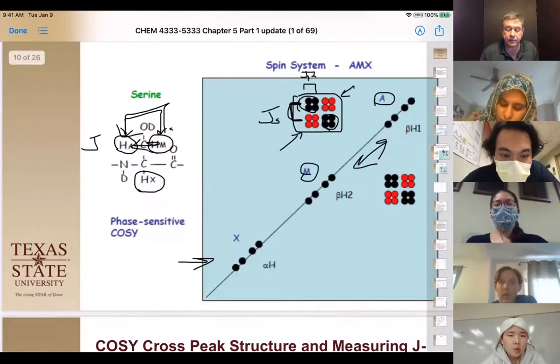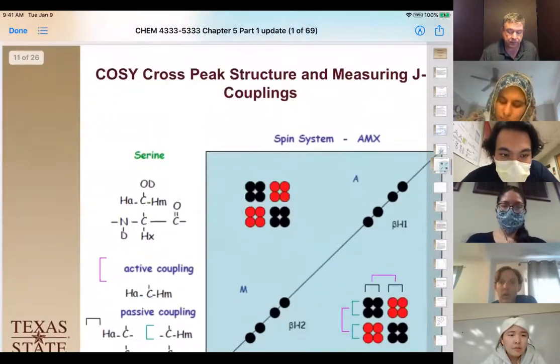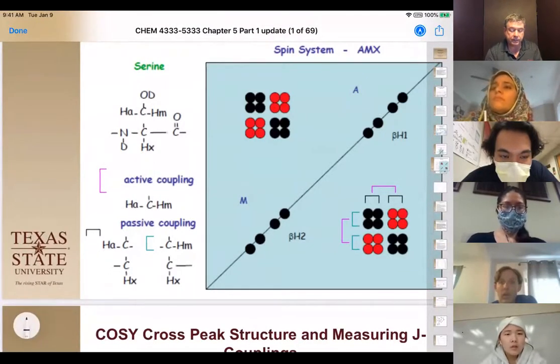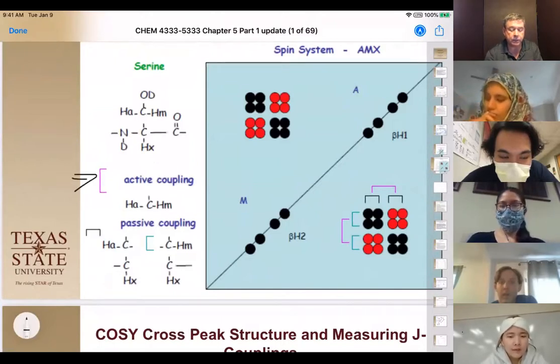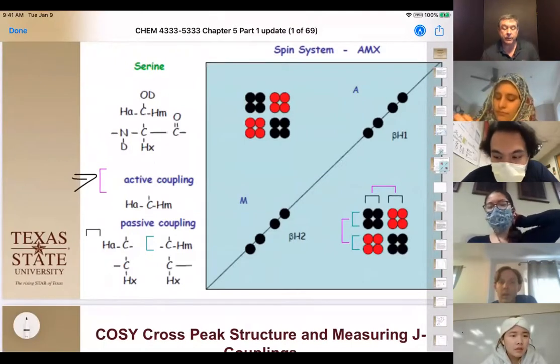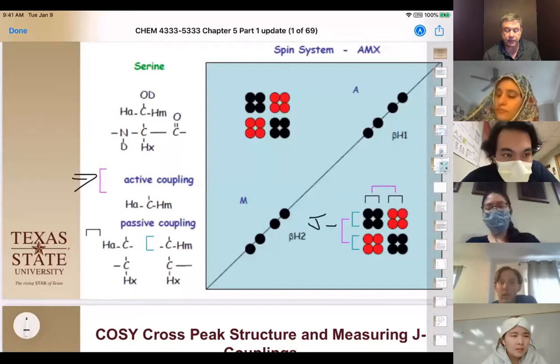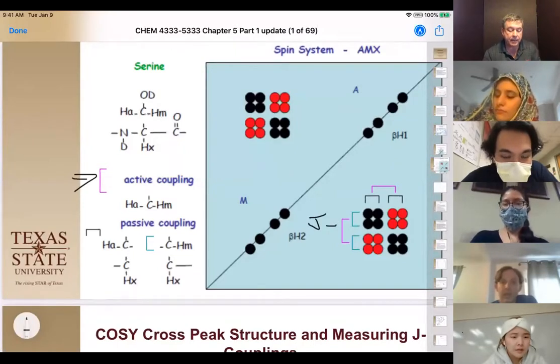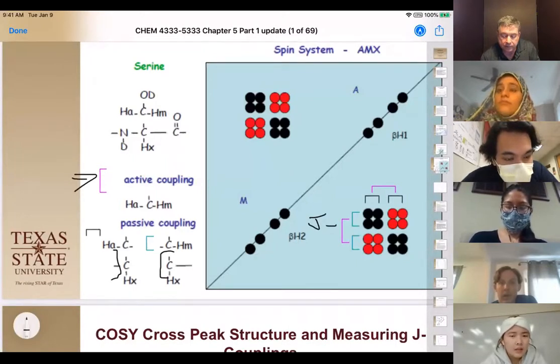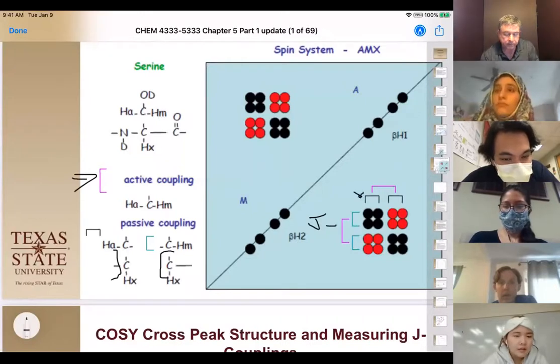Because you can do that, you can measure the coupling constants by looking at that distance here. Our active coupling constant, the shift-based difference, is our larger coupling constant right here. That's just because the shifts are different. The idea that these are split by the other system is our smaller coupling constant here.